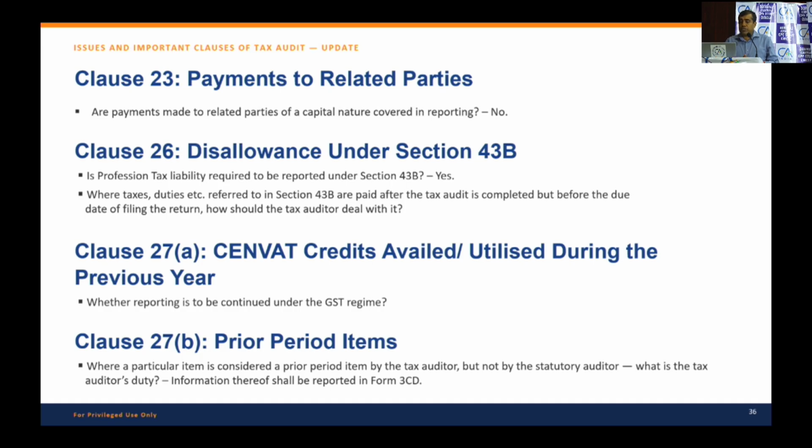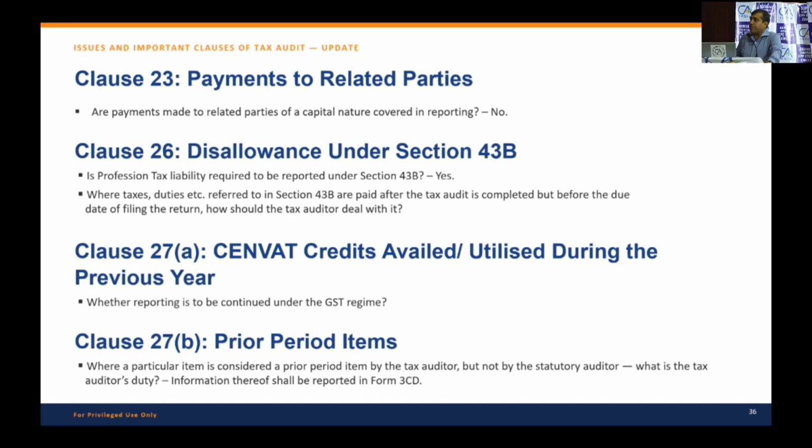43B, nothing much. We are very much there except for MSME, which we discussed. 27A, again nothing much. The section starts with payment to related parties, but typically the expectation is that you record expenses, because that is subject to allowance or disallowance.